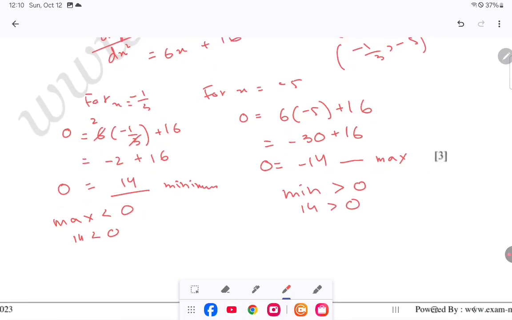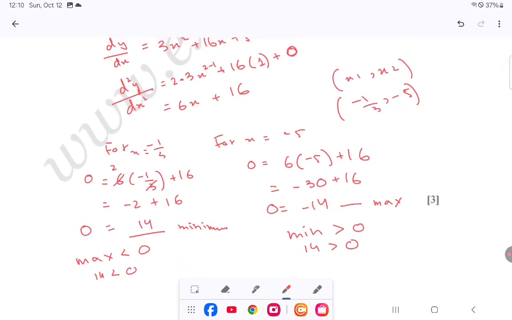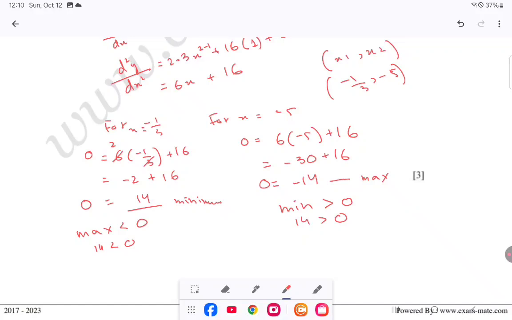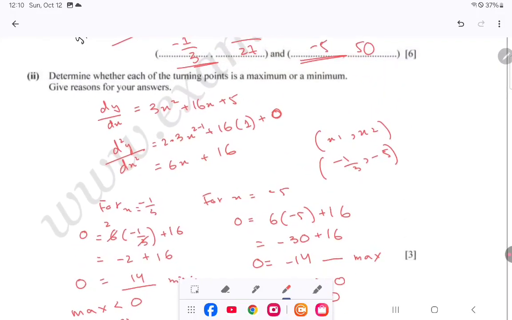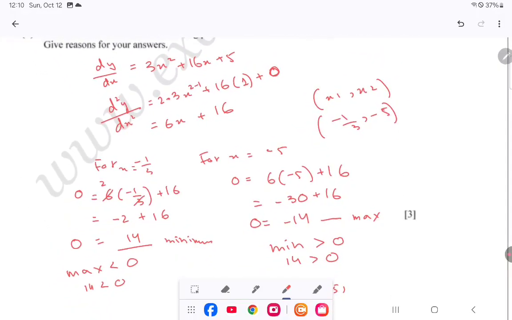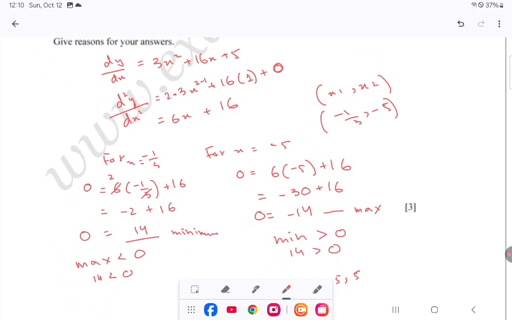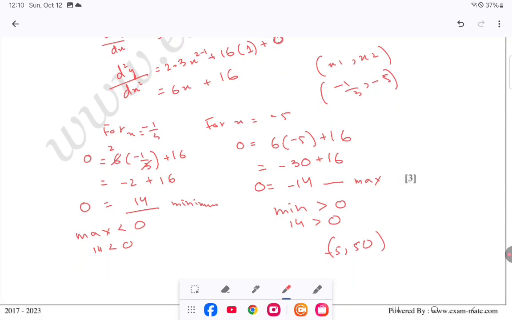So our value of maxima is, it will give on the value of negative of 14, which is negative of 5 comma 50, the maxima.